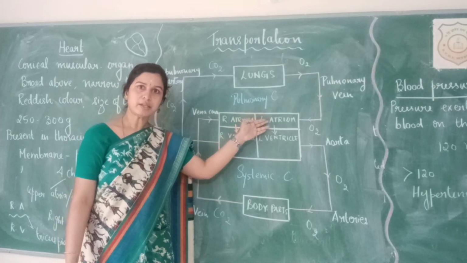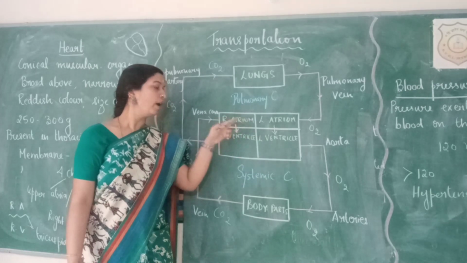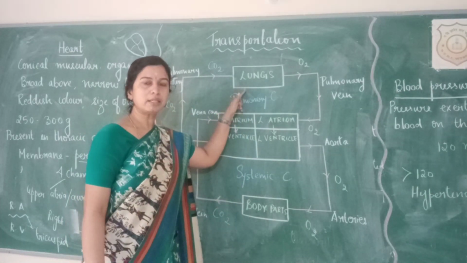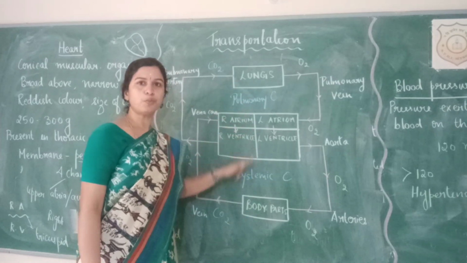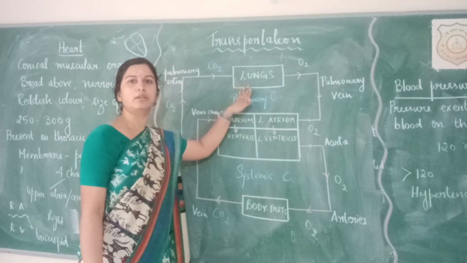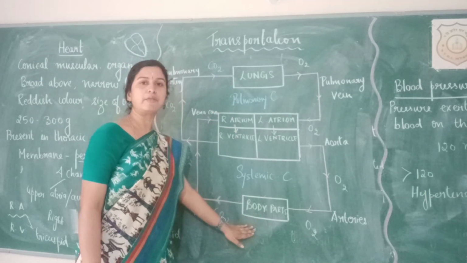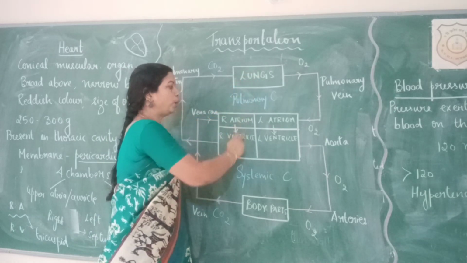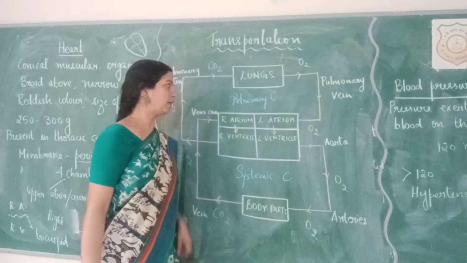So this is the left atrium, left ventricle, right atrium, and I have drawn here the lungs. This is not the position to show you the circulation of blood. I have just drawn the lungs here, and here I have just represented all the body parts. Lungs in between the heart, and here the body parts.